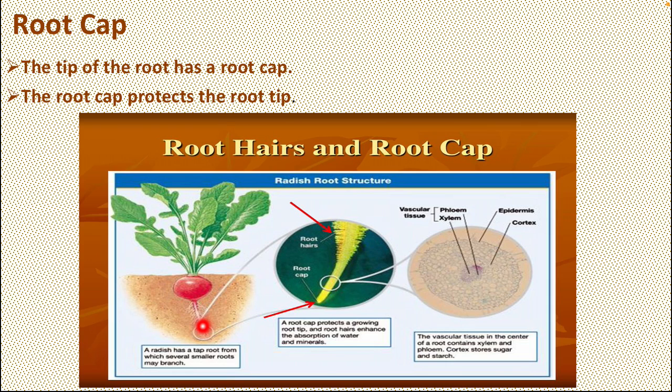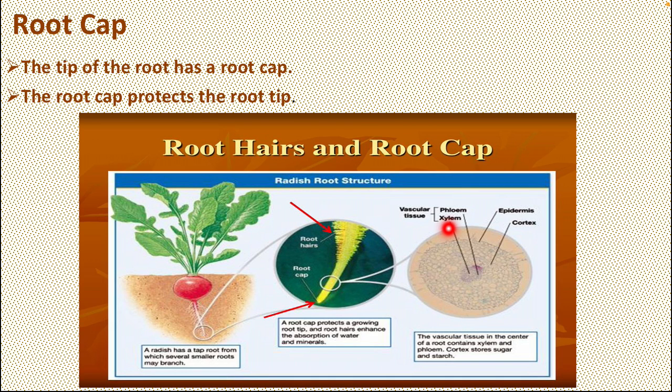The root cap helps to protect the root as it burrows through the soil to grow. Root hairs help to absorb moisture and minerals from the soil. As we have read before, root hairs are also called small roots because they absorb water and minerals from the soil. And the root cap protects the root tip.